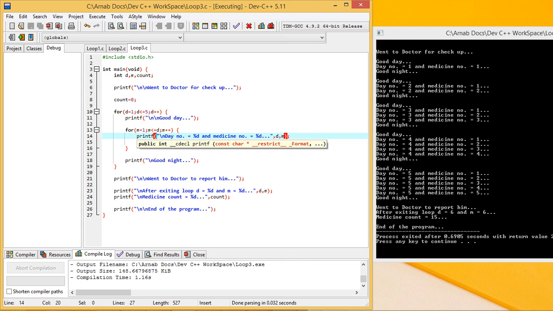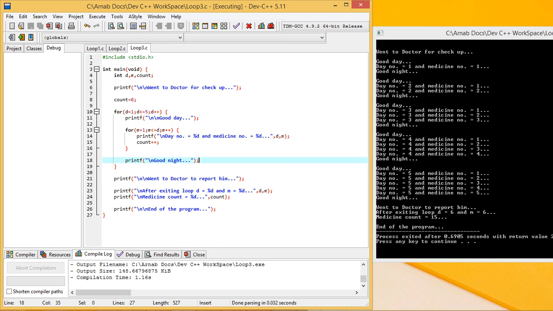On day 2 I took 2 tablets, 3 tablets, 4 tablets and 5 tablets. So how many tablets in total? So 1 plus 2, 3 plus 3, 6 plus 4, 10 plus 5, 15 tablets. So that's why the medicine count has become 15. And day number outside of the loop has become 6 and medicine number outside of the loop has become 6.